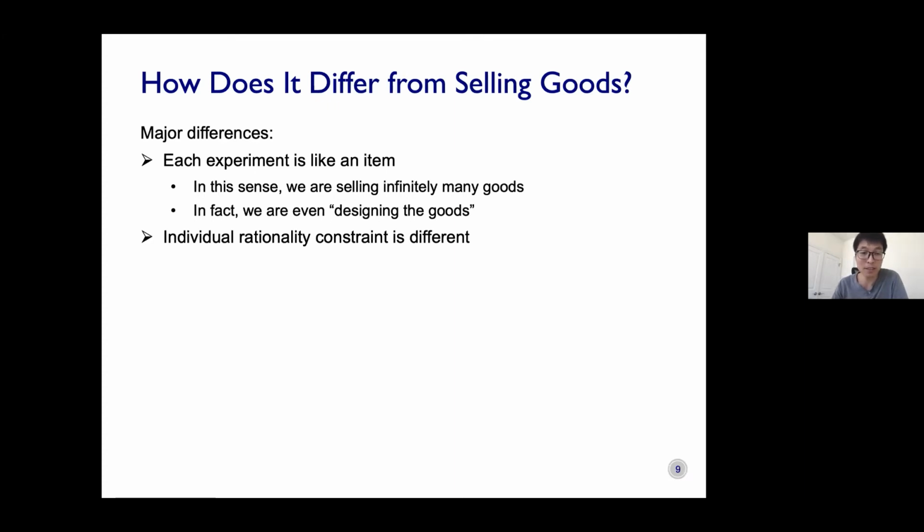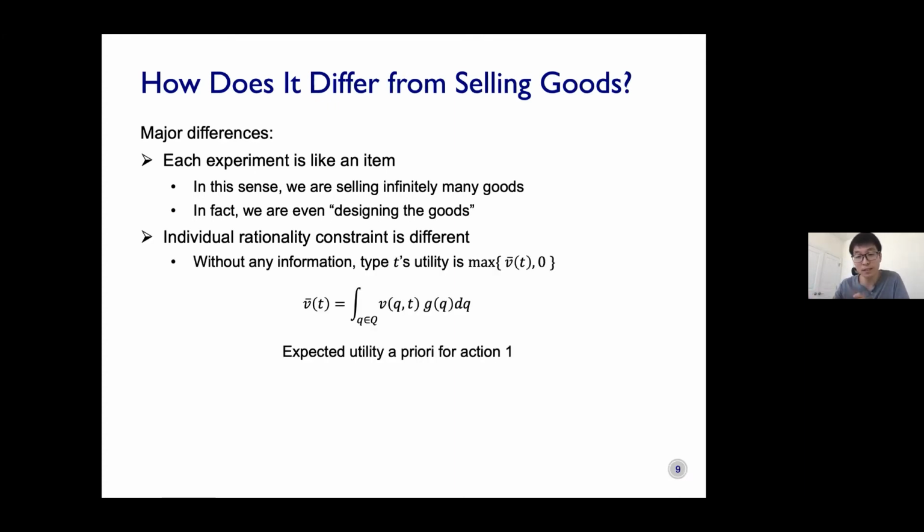But the problem here is different, because even if you don't participate in the mechanism, that means you without any information, your utility is actually positive, because you do have a choice among two actions, 0 or 1, and your utility for action 1 is your expected utility without any additional information. That is the V bar t that you can just write down by taking the expectation here. So V bar t is the expected utility without additional information. This means, when you are participating in the mechanism, your utility has to be at least this amount. And this turns out to be a crucial technical difference that the mechanism design problem poses.